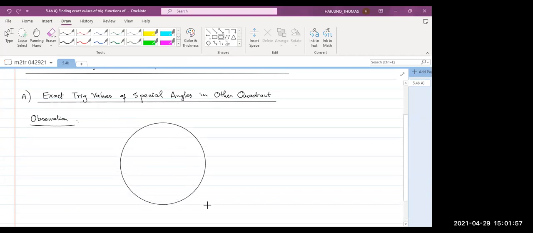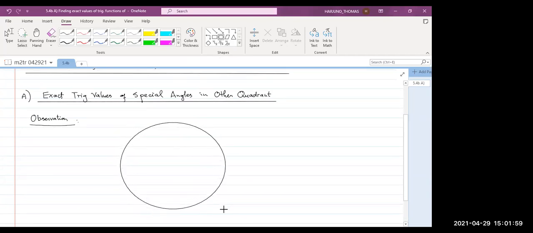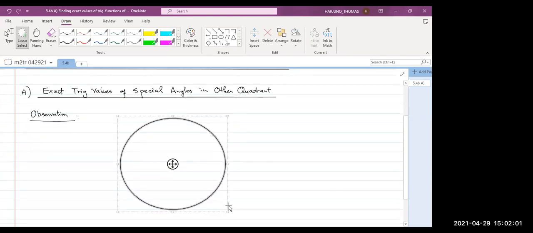Suppose I have a unit circle. Let me make it big enough.